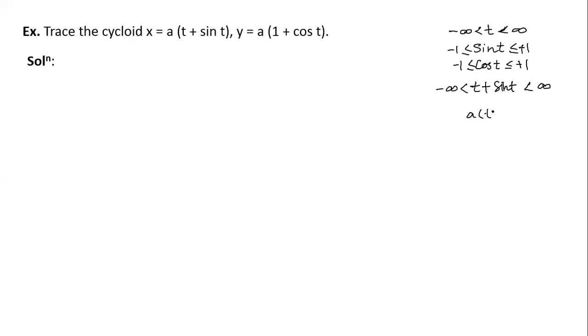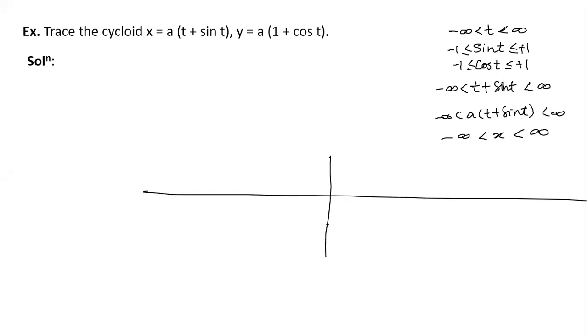And similarly, a times (t plus sine t) will be again any finite real number, and thus we know that x is any finite real number. So as far as x is concerned, it is going to extend as far to the left as well as to the right. There is no limit on x. But what about y? Here y is equal to a times (1 plus cos t).